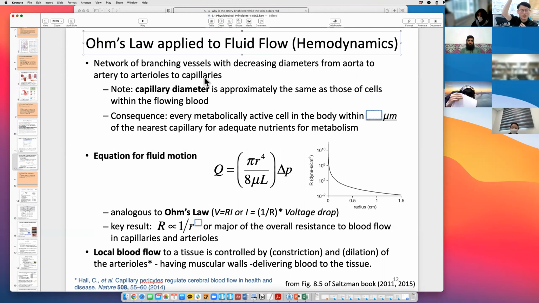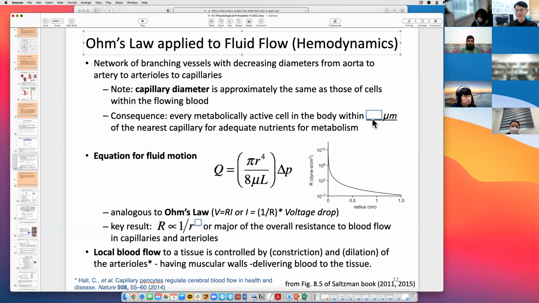Because in the end, capillaries provide nutrients and oxygen by simple diffusion, and of course there's some convection. Every metabolically active cell in the body has to be within some distance of the nearest capillary for adequate nutrients for metabolism.